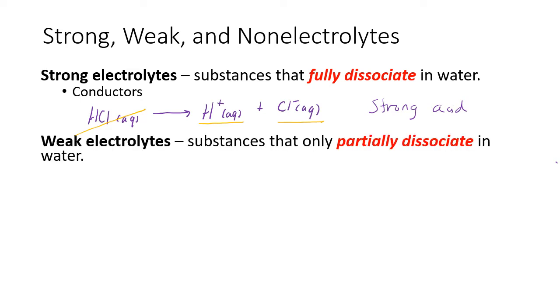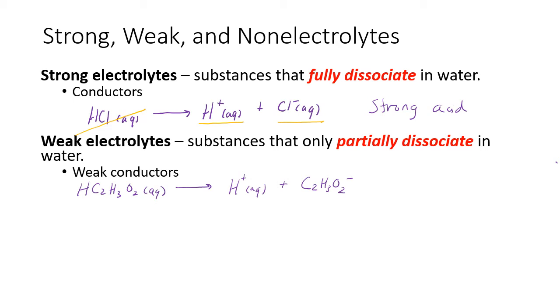A weak electrolyte, on the other hand, is something that only partially ionizes or dissociates in water. These are weak conductors of electricity. An example could be a weak acid, such as acetic acid. If you put acetic acid in a solution, it's going to break up a little bit into its ions. You'll get a little bit of H+ and you'll get a little bit of acetate anion, C2H3O2-.